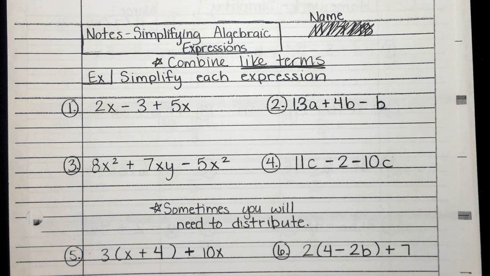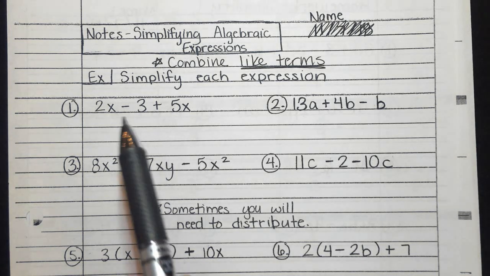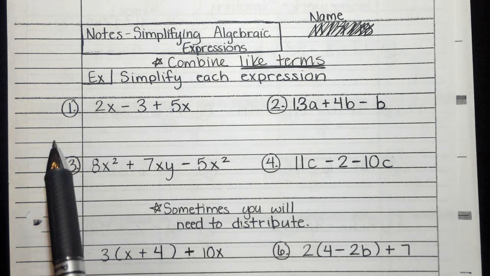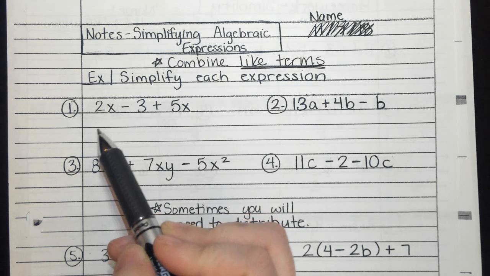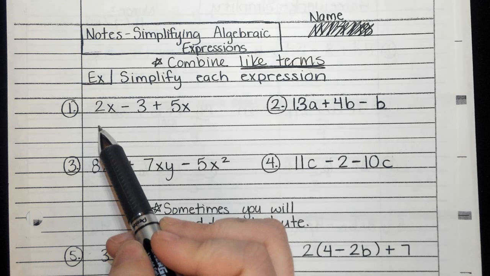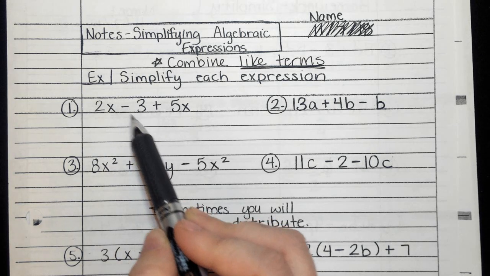All right. So on number 1, I'm looking for the terms that are the same. Which ones have the same variable? Tucker? 2x and 5x. You all okay with that? That's pretty easy. Okay, the next part that I'm going to ask you to do might look a little weird. When I read this, it says 2x. Would I read anything else to go with 2x? Then it says minus 3.